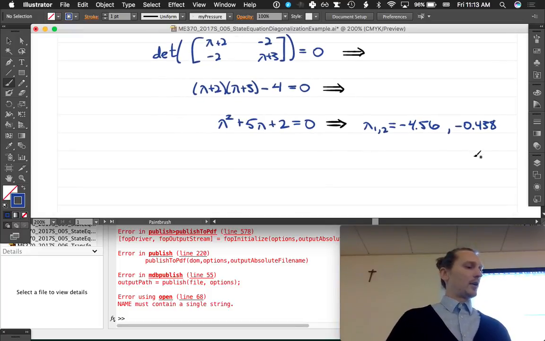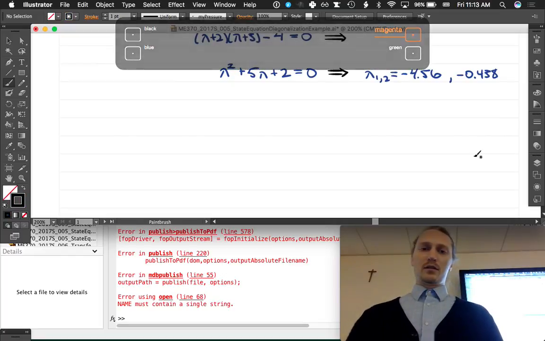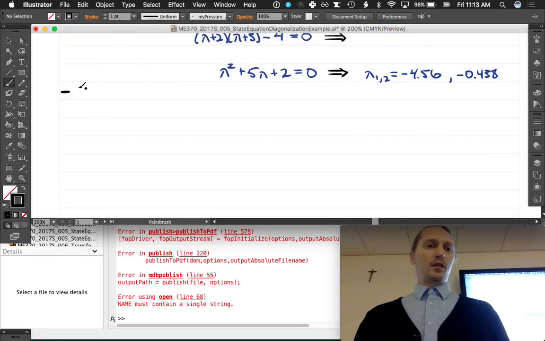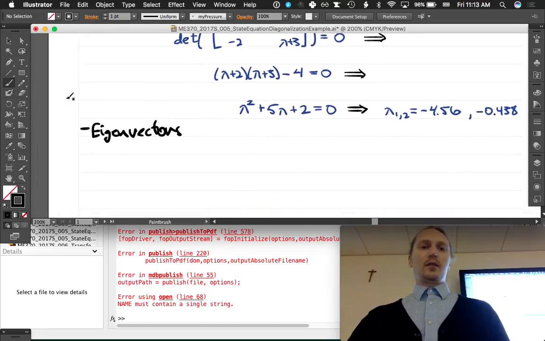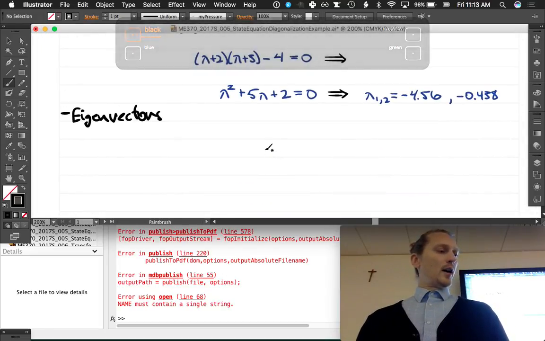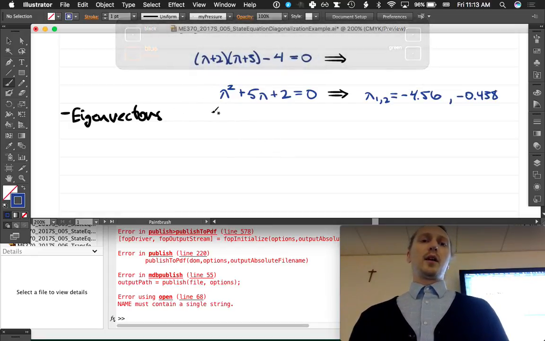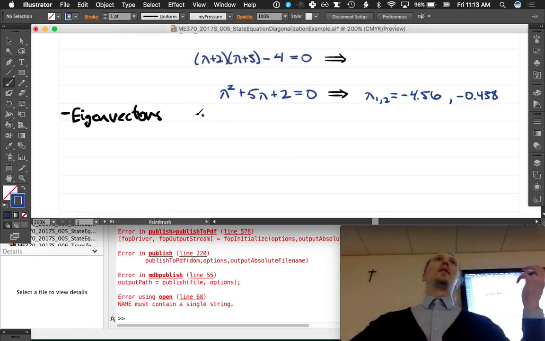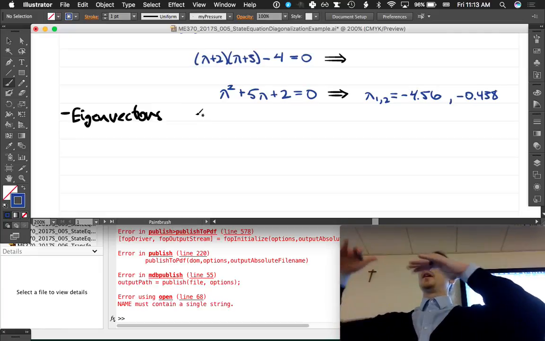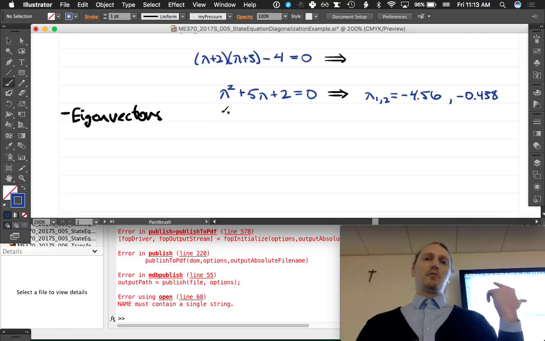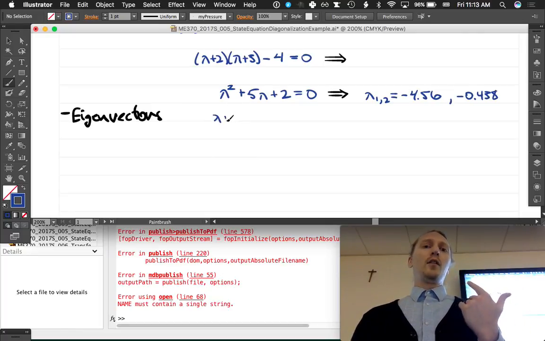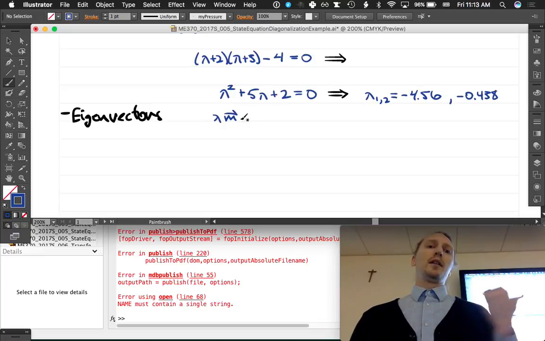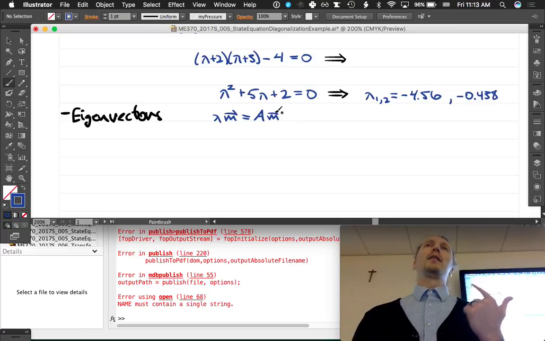Now we can find our eigenvectors. Remember the eigenvector problem: if you can't remember the formula, you could flip back in your notes to the formula that we plug everything into. Or you could just remember, as I typically do, that if you scale an eigenvector by its eigenvalue lambda, it's equal to the A matrix multiplied by that eigenvector.